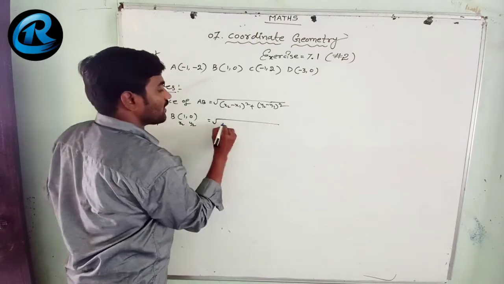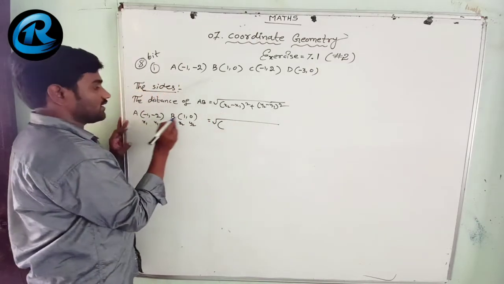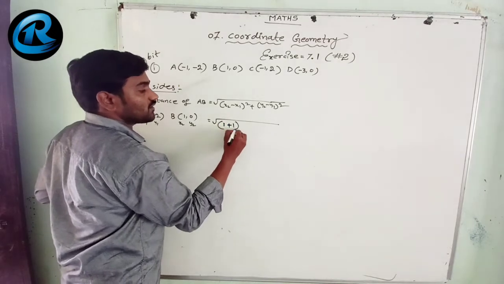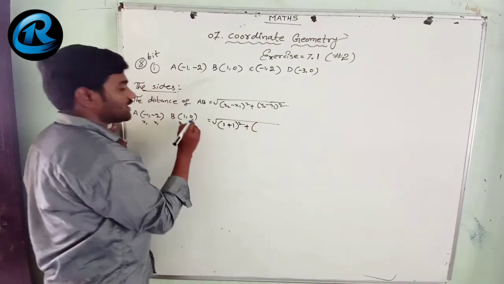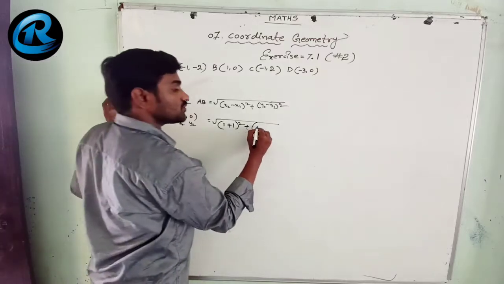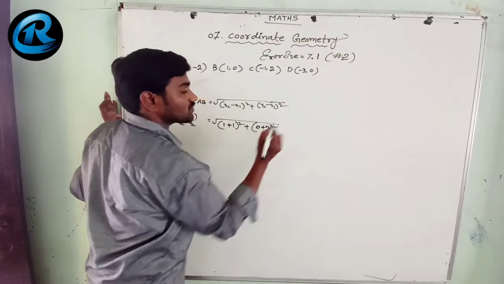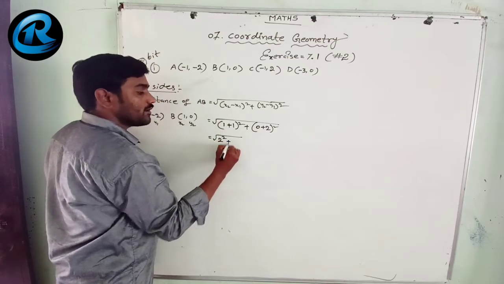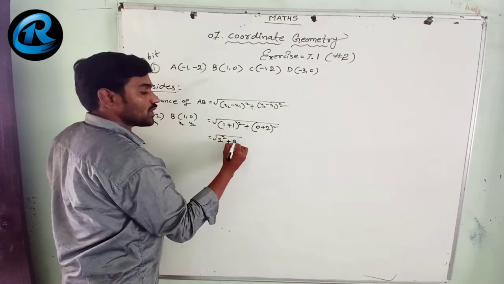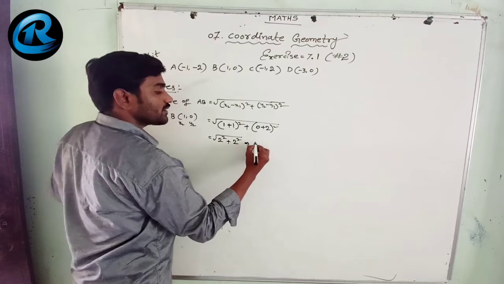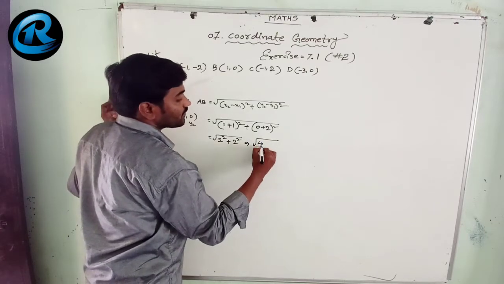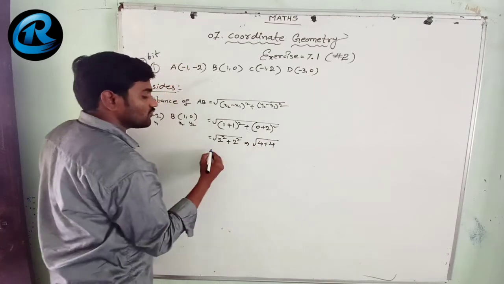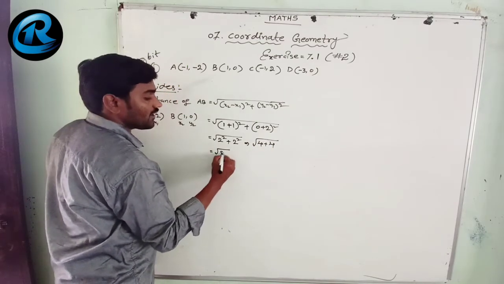That is equal to under root of x2 minus x1, 1 minus of minus 1 is plus 1, whole square, plus y2 minus y1, 0 minus of minus 2, 0 plus 2, whole square. So that becomes 1 plus 1 whole square plus 0 plus 2 whole square, that equals 4 plus 4, which is under root of 8.